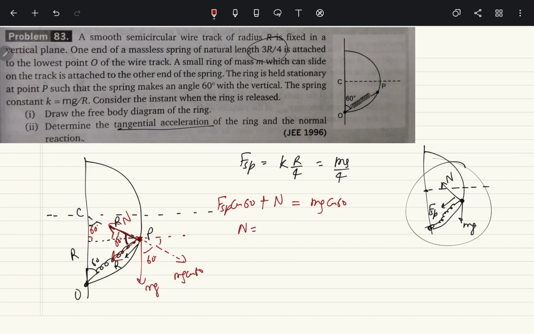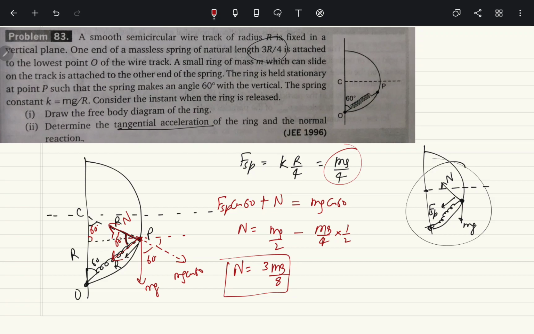From here N is equal to mg cos 60, which is mg/2, minus FSP, which is mg/4, times cos 60, which is 1/2. So we get N equal to mg/8. Sorry, one mistake, my mistake: N is 3mg/8.